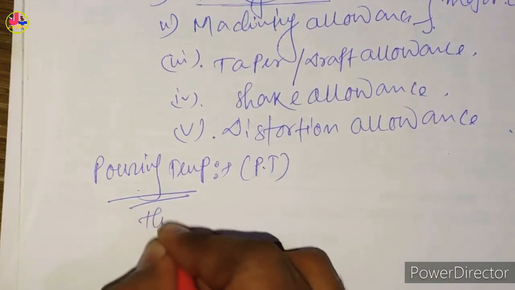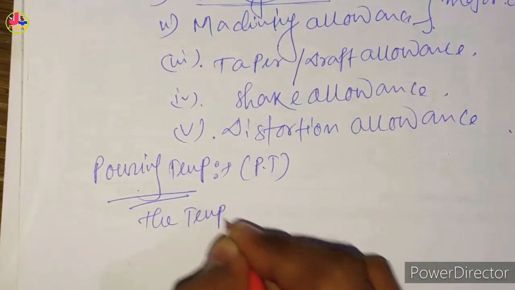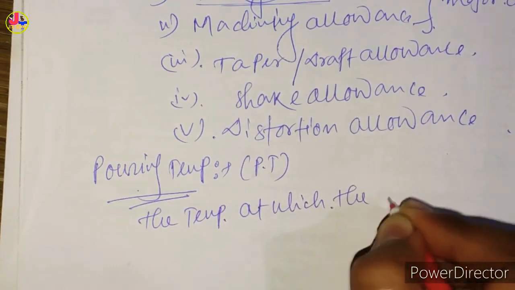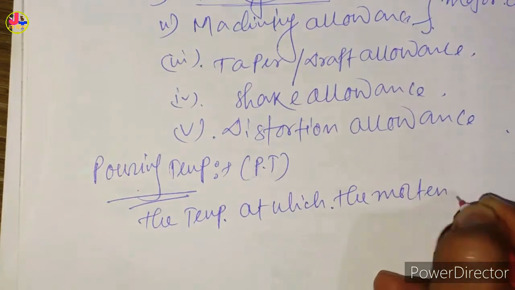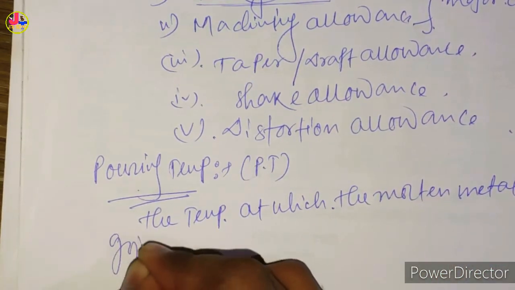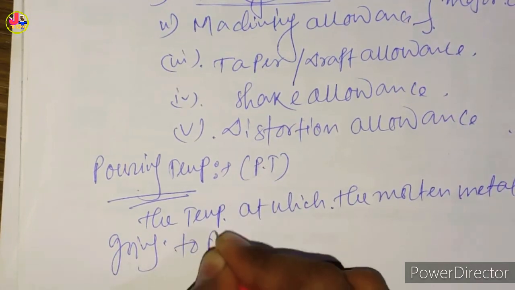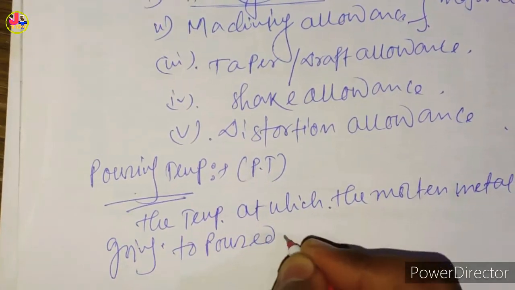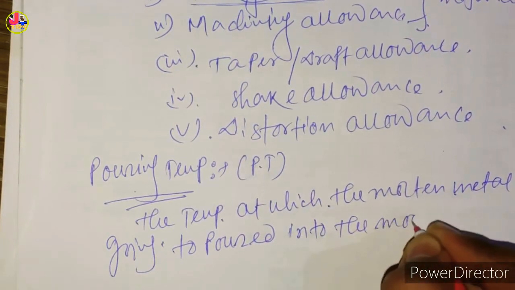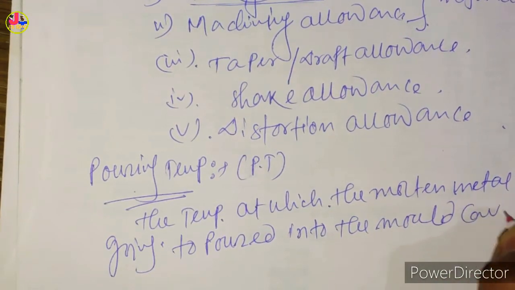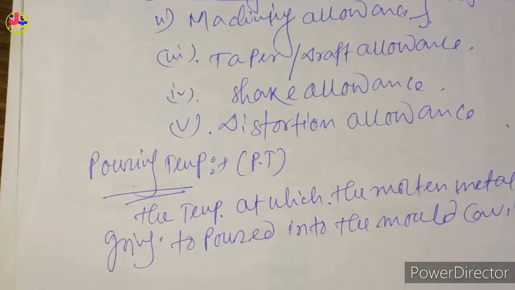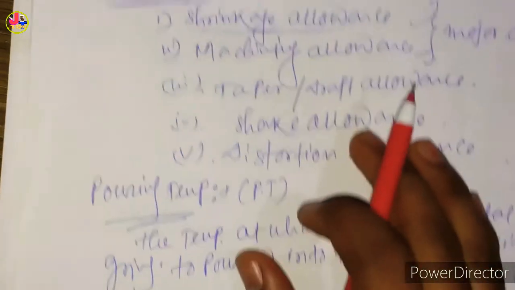Pouring temperature is the temperature at which the molten metal is poured into the mold cavity. That's called pouring temperature.